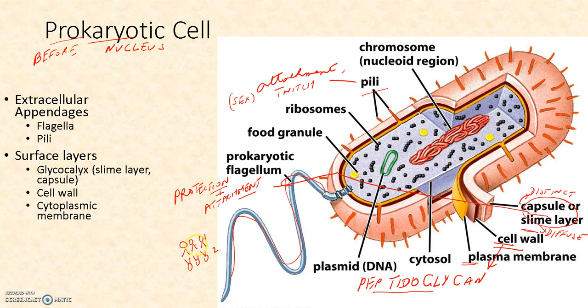And in between, you have the proteins that are going to be floating around in a fluid mosaic model. So this is exactly like the cell membrane we've talked about before, the phospholipid bilayer. And what is the function of the cell membrane? The cell membrane is selectively permeable. It will only allow certain substances to pass through.